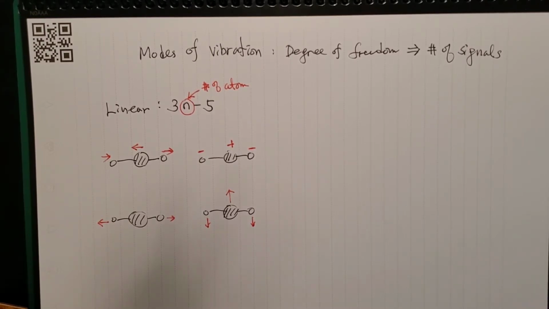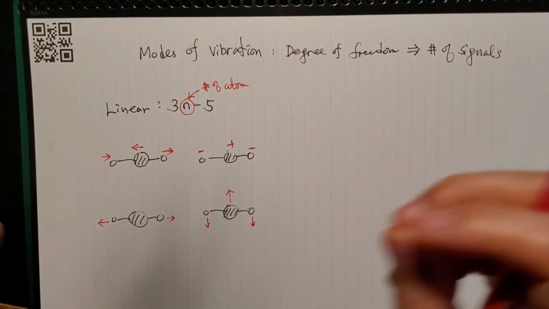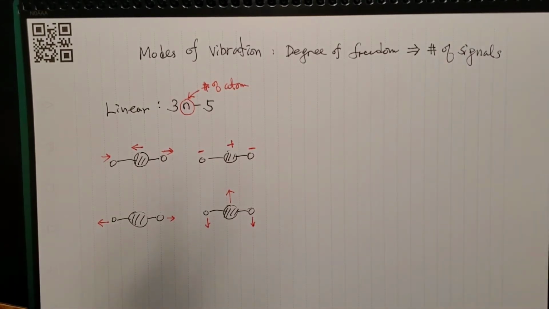But now you get a deeper concept of polarity. The polarity doesn't stay constant like electronegativity. As they vibrate, depending on their modes, the polarity changes. So a certain vibration will give more polarity for the same functional group, and some modes will have less polarity, so it will have a weaker signal.